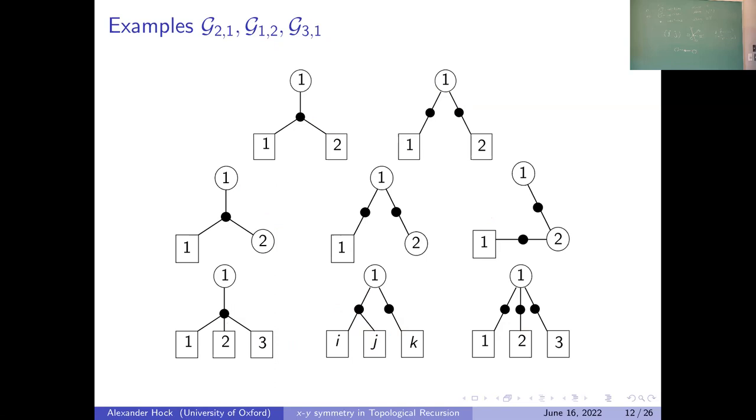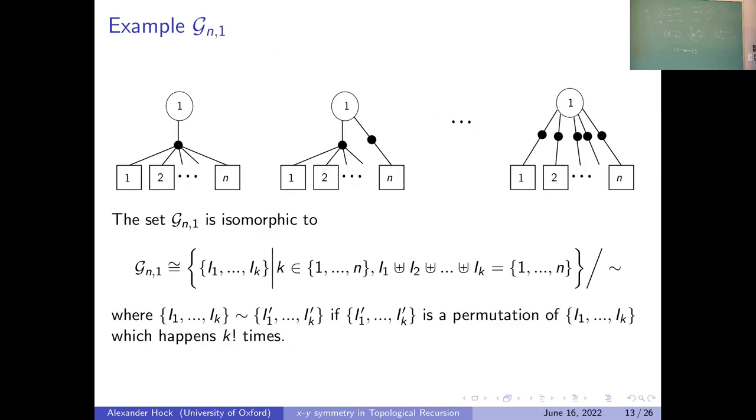Okay, so any other question on trees? And then one specific example is the set Gn1, where you have 1 white round vertex and n square vertices. And this is classified by the following case. So it's isomorphic to the situation where you have a set of sets, I1 up to Ik, where k is the number of black vertices.